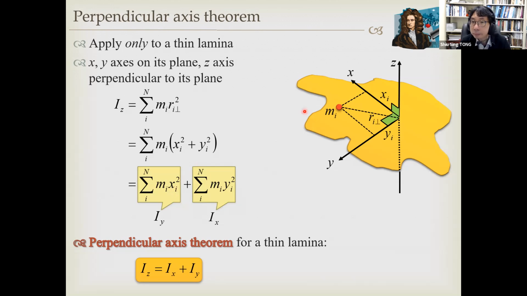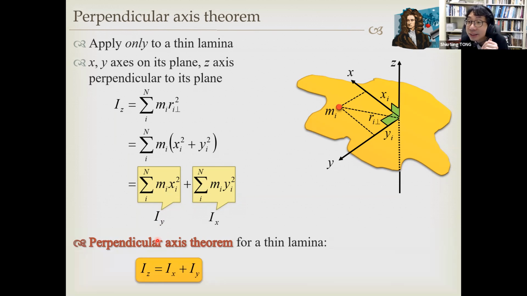Now, what is xi? xi is this distance, the x coordinate of the mass. But the x coordinate of the mass is the distance from the y-axis. Is that right? So this summation is a summation of mi multiplied by the distance from the y-axis squared, and that is the moment of inertia about the y-axis.